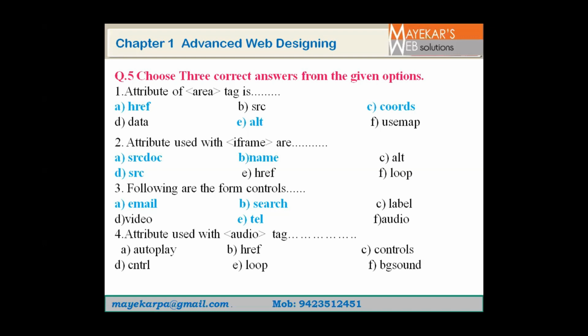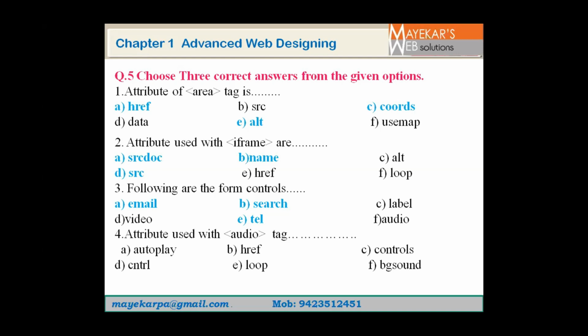Next is the href attribute. The href attribute is not used for audio, so it is not a valid attribute. Controls, yes, by using controls we can place control buttons like play, pause, and volume buttons. So controls enables these controls, and it is a valid attribute for the audio tag.